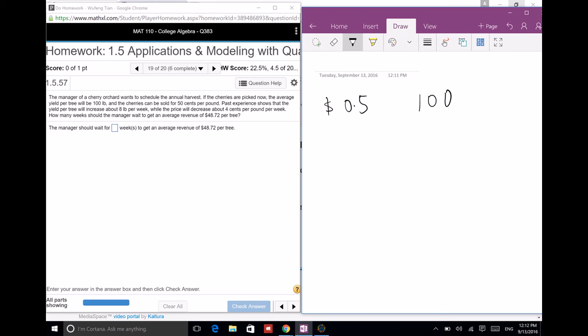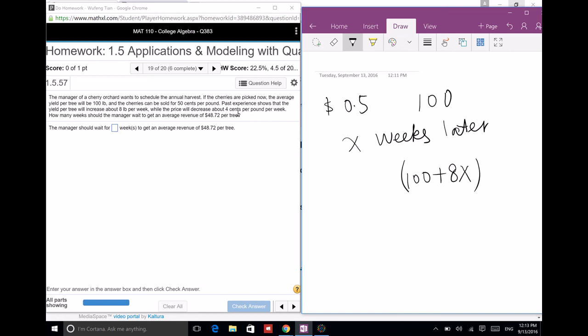So if we wait X weeks, then we pick it up. X weeks later, we will have 100 plus 8 pounds per week, so 8X. X weeks later we can pick more, but the price will be less than right now.